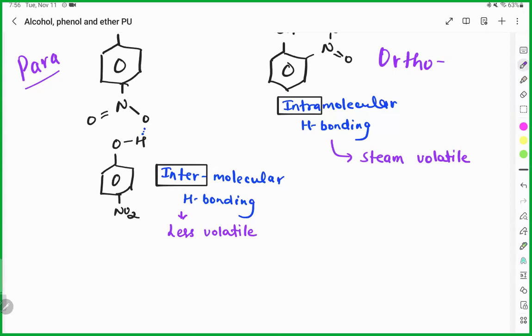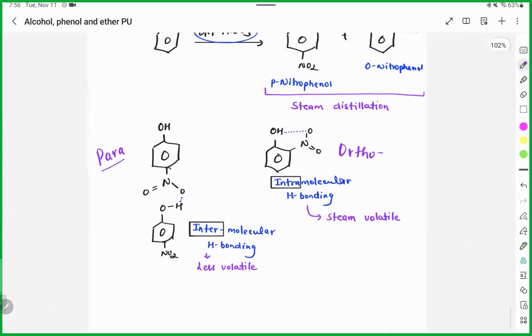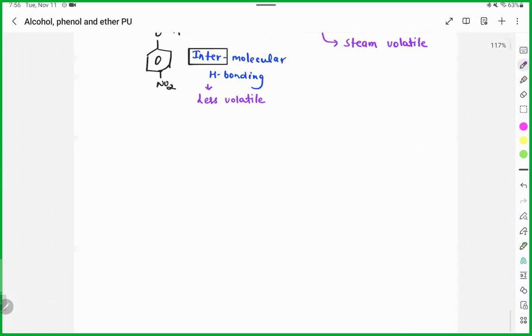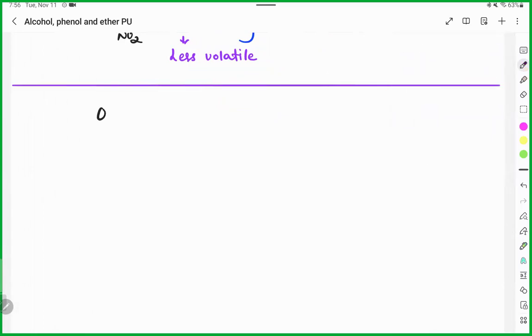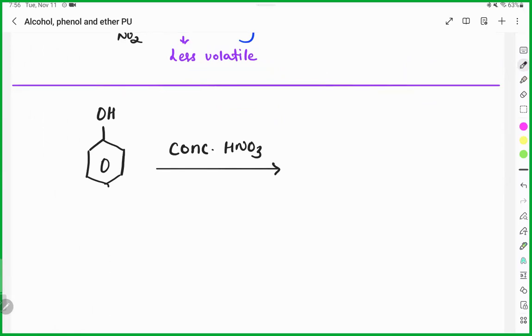But this is for the dilute form. If you have concentrated form, what will happen? All the NO2 will be attached to the same phenol. Why? Because our temperatures are high and we take concentrated form, so it is activating. Phenol is highly activating, and when we take concentrated form, NO2 availability is also high.